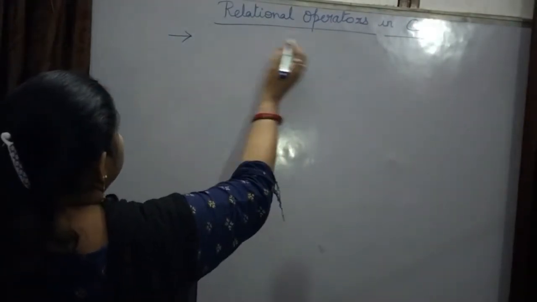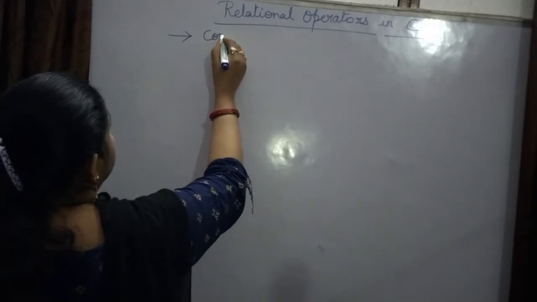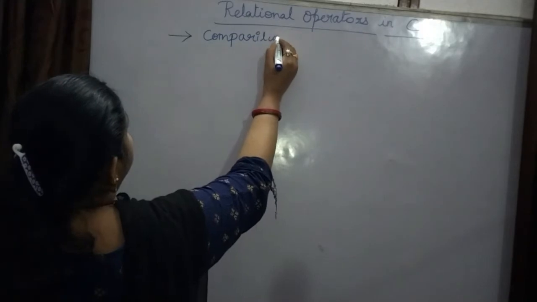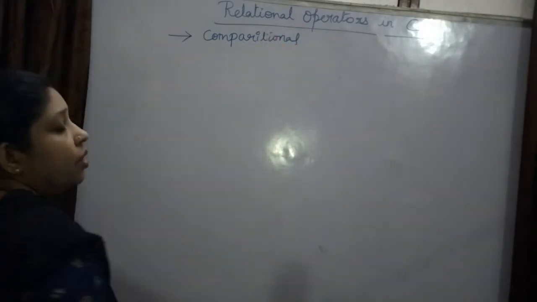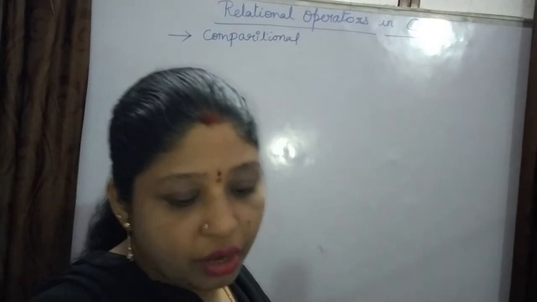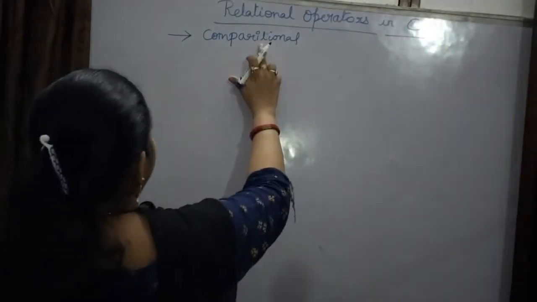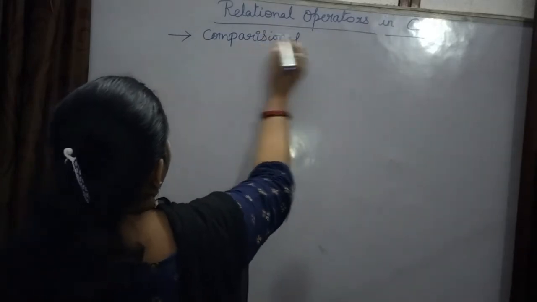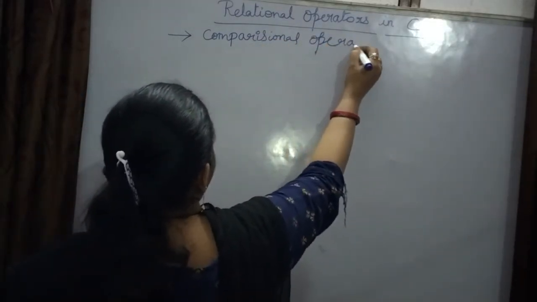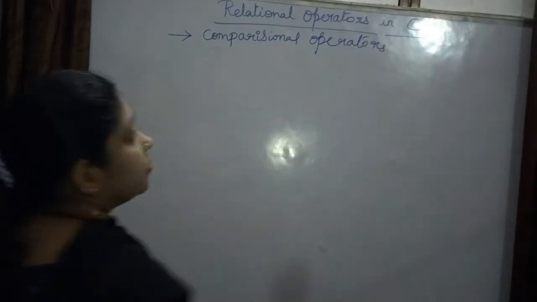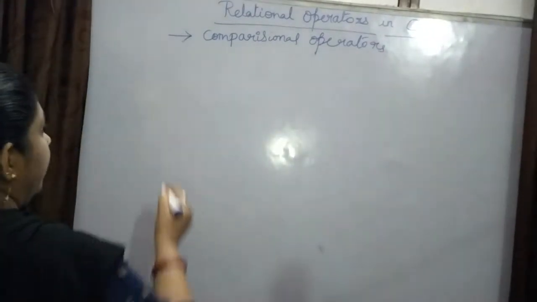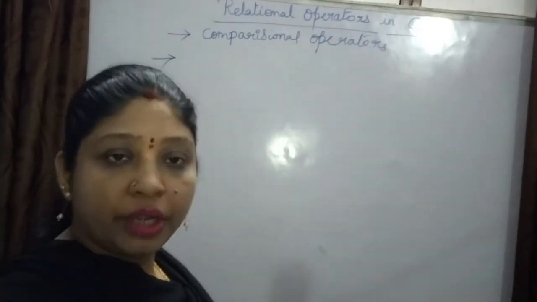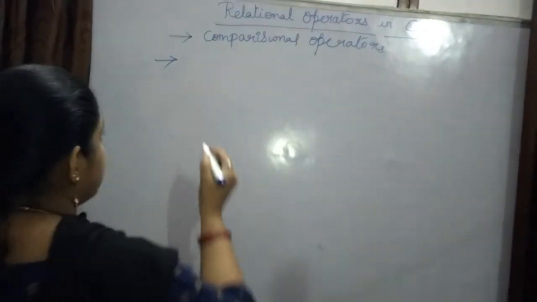Relational operators are also called comparison operators. While using these operators you require a minimum of two operands.